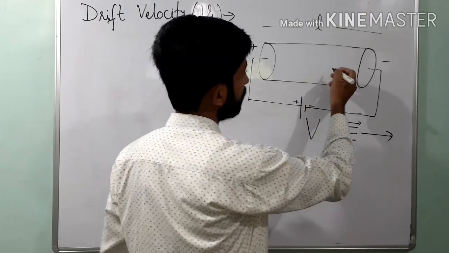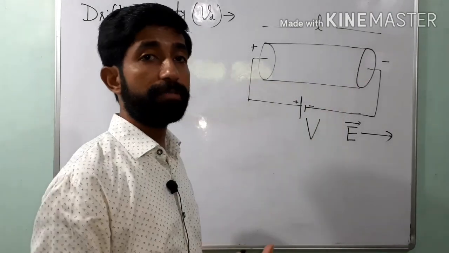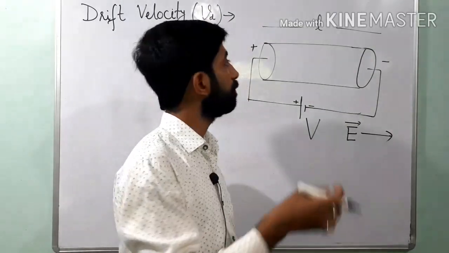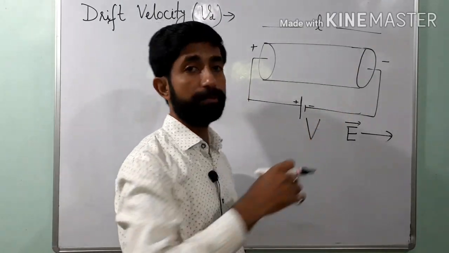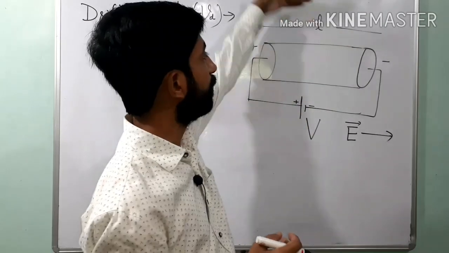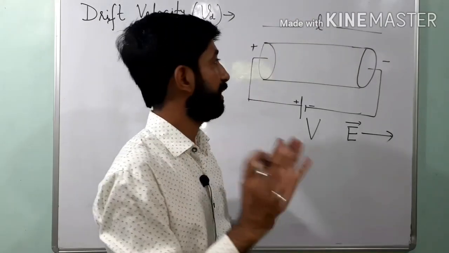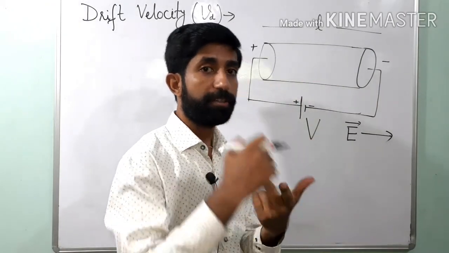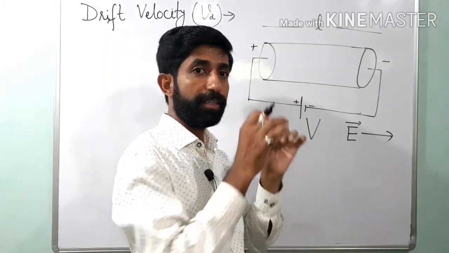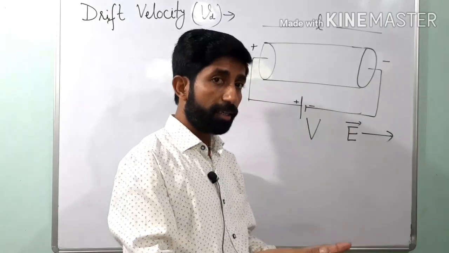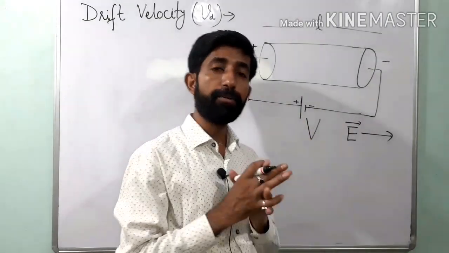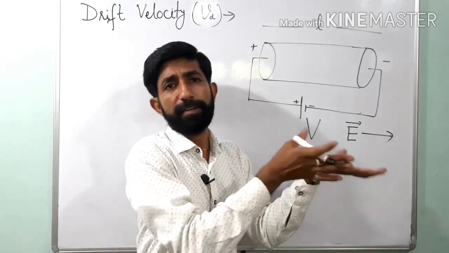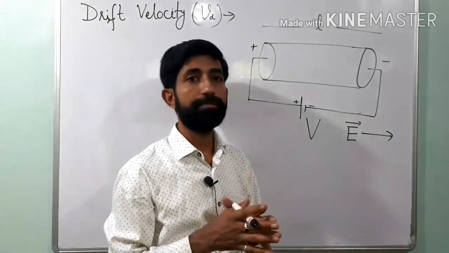We know that the conductor contains a large number of electrons, and these electrons can move freely inside the volume without leaving the volume itself. But one condition is there: the electrons will suffer collisions with other electrons, and simultaneously they collide with the ions of the conductor, which have lost their electrons.